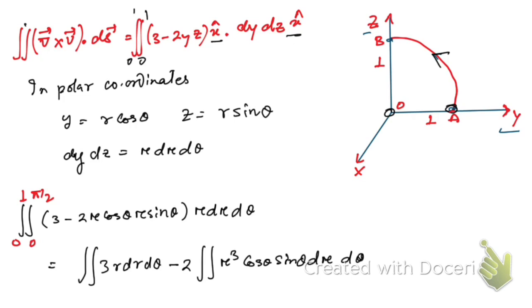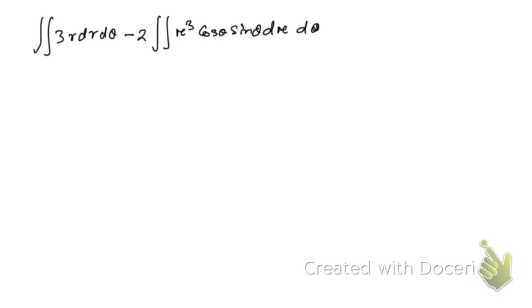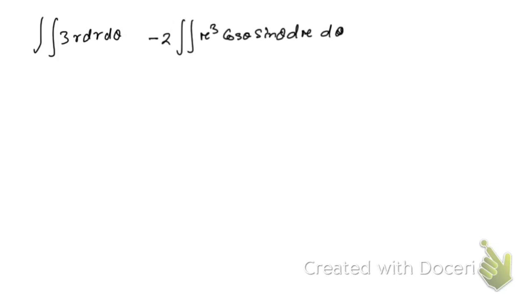Now let me go to the next slide. So here what we can do is, just let me do a little bit of adjustment here. Now first we're gonna integrate it with respect to r first.